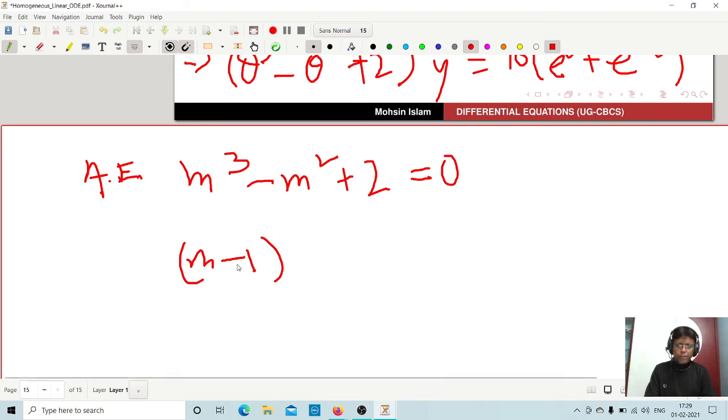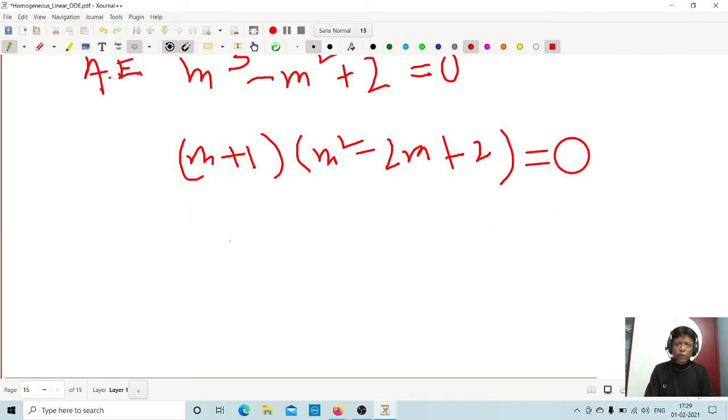It will be m plus 1 into m squared minus twice m plus 2 equal to 0. So the roots of the auxiliary equation will be minus 1, 1 plus minus i. You have a pair of complex roots and a real root.